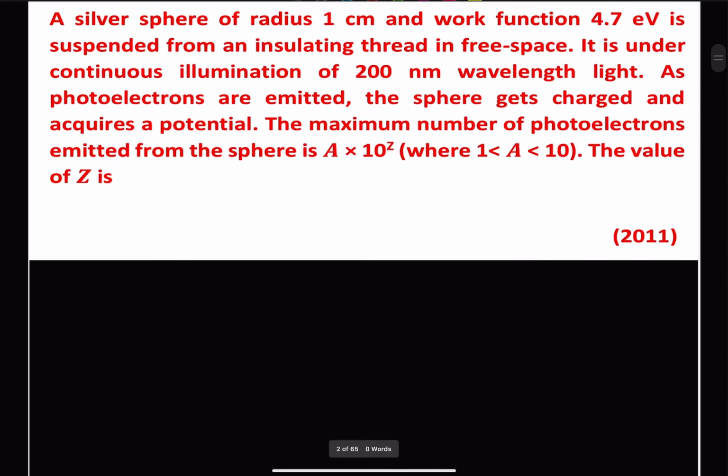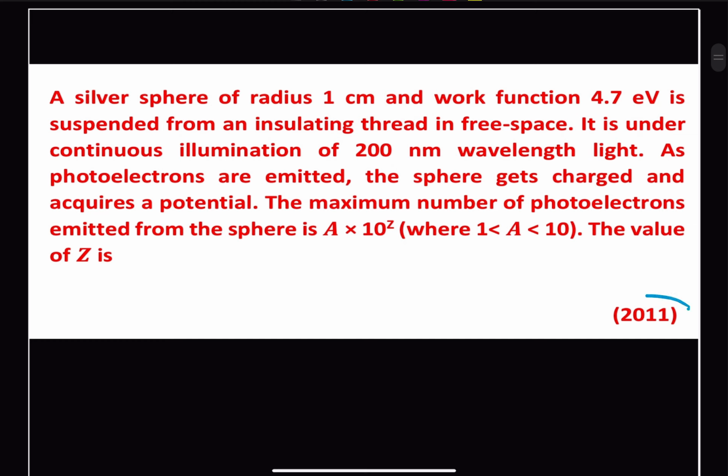Next question. It was also asked in the year 2011, and it states that a silver sphere of radius 1 centimeter and work function 4.7 electron volt is suspended from an insulating thread in free space.